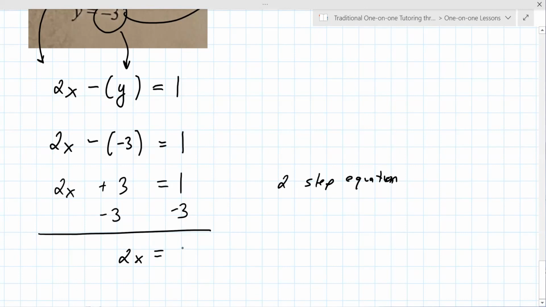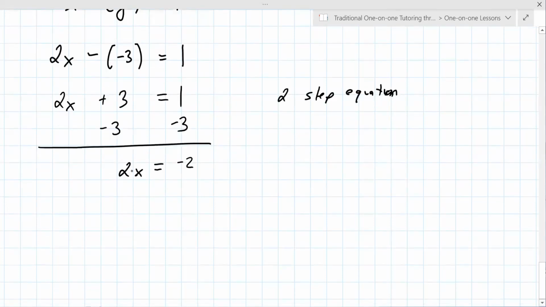Nope, you're subtracting 3 from both sides. There's no x here. It's just 1. What is 1 minus 3? -2. Okay, very good. The 2 on the left here is multiplying x. So how do you undo multiplication?